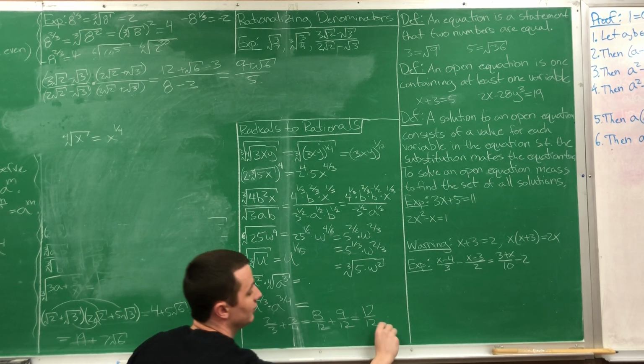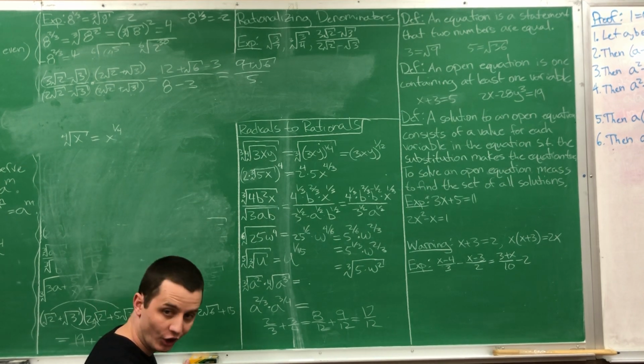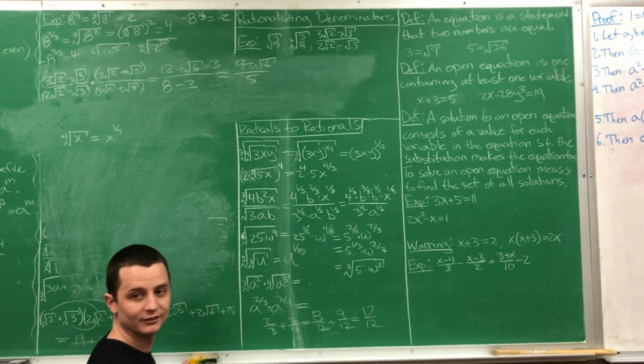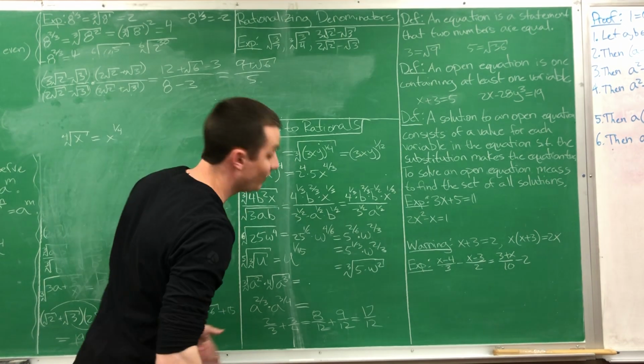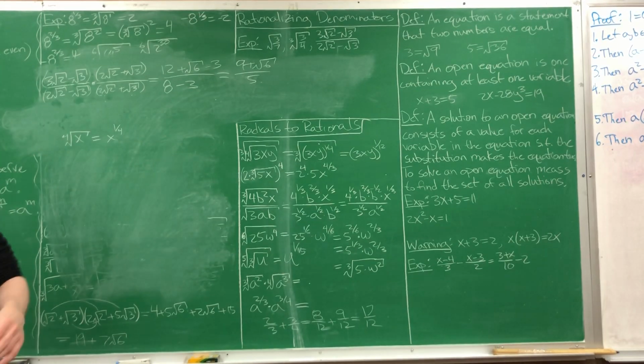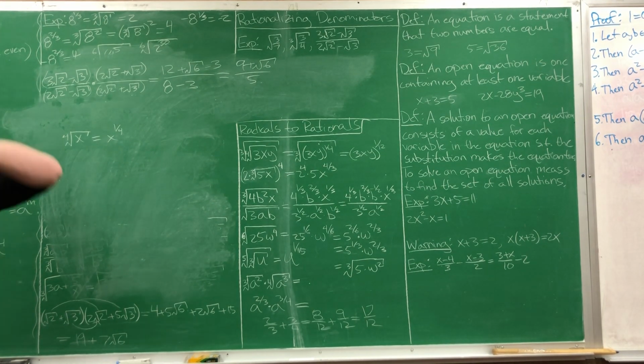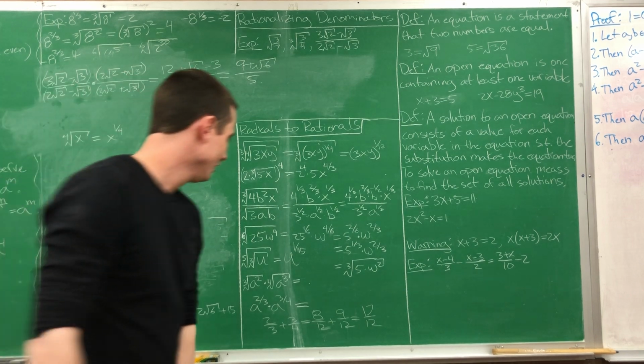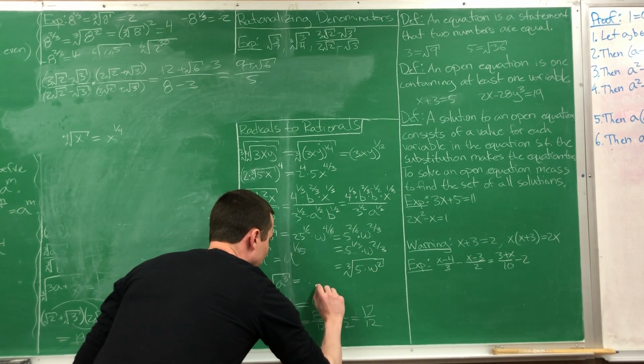Can we reduce that? No. 17's prime. 18 twelfths we could reduce, 15 twelfths we could reduce, 16 twelfths we could reduce. But that pesky 17, it's prime. Can't reduce it. Okay, so the answer is a to the 17 twelfths.